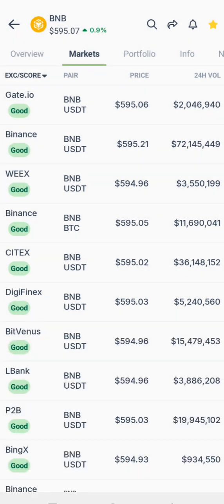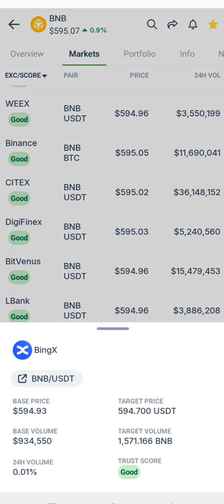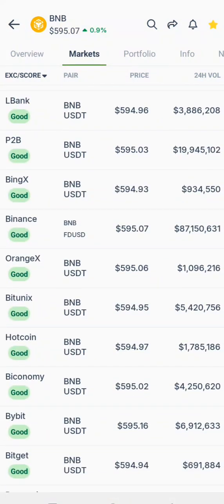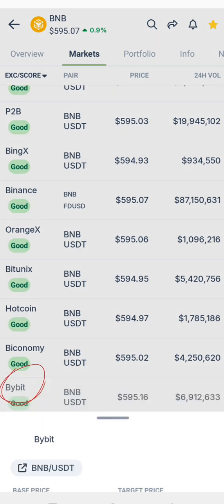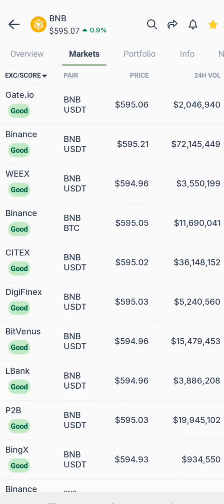Especially this Binance, Binance is ranked the number 1 market exchange. So Binance is rating this BNB good, meaning this BNB is good for you to buy or sell depending on the analysis and the trend. Bybit is also rating this coin good.